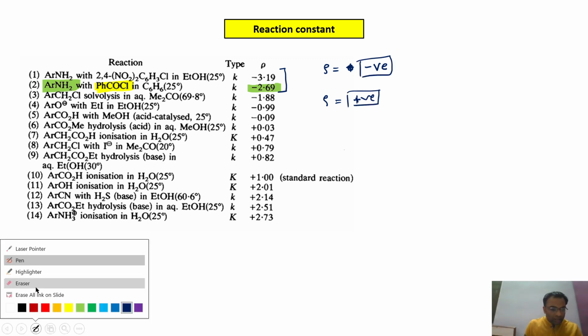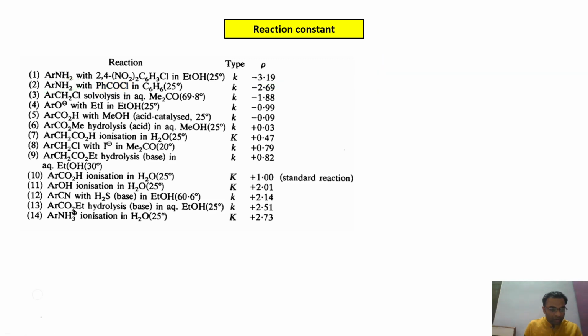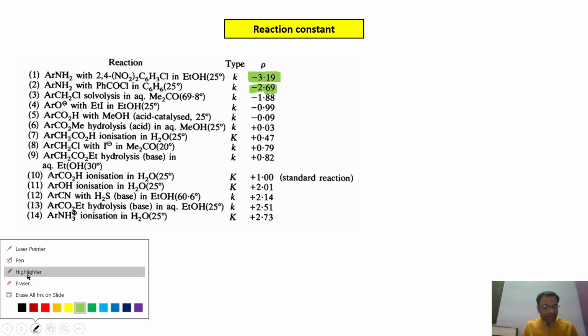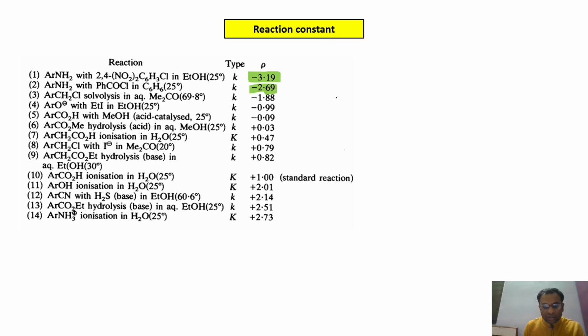Now we will consider the magnitude of the rho value. The rho value for the first reaction is minus 3.19, which is more than the value of the reaction constant for the second reaction, that is benzoylation of aromatic amine.